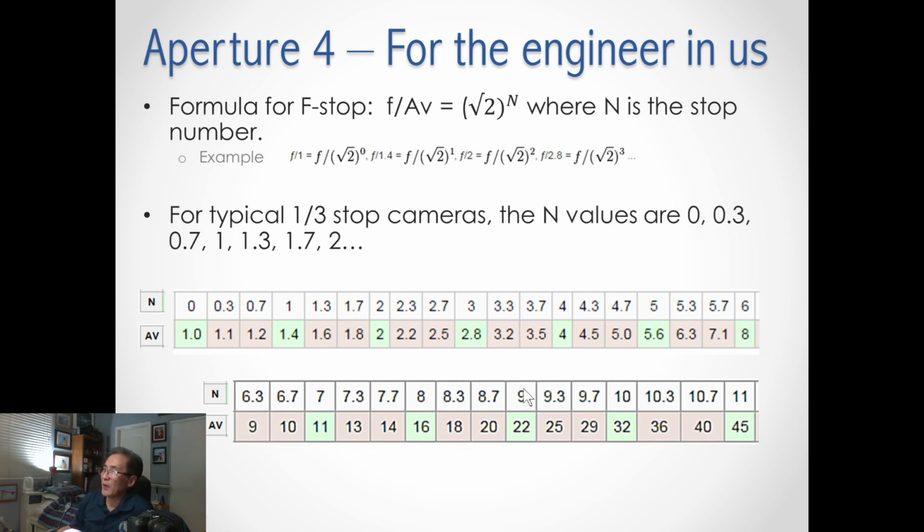Most lenses stop at f22, right? So n would be 9. But you can calculate it using this simple formula to get the aperture value here. So I hope all of that kind of makes sense to you. Why the numbers are so messed up, because they square root based.